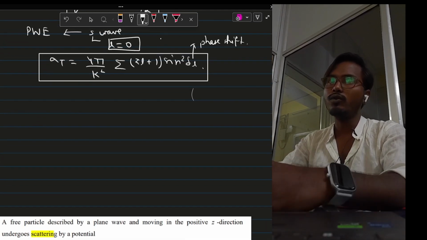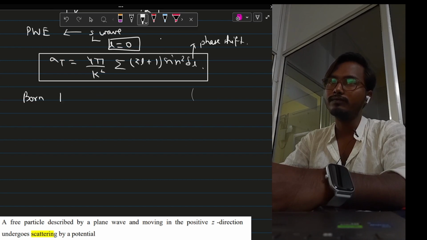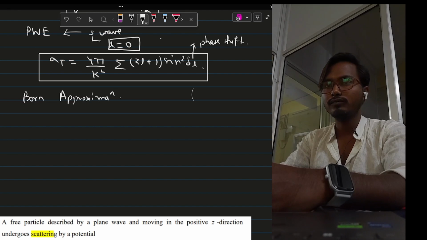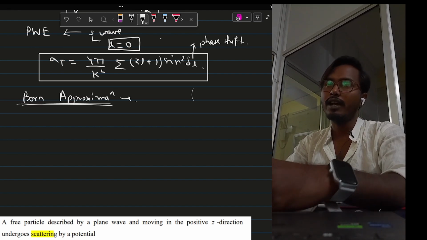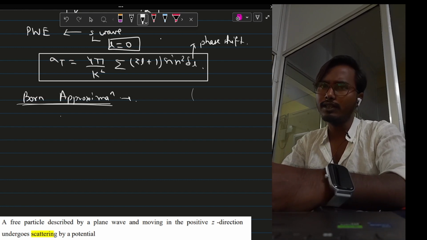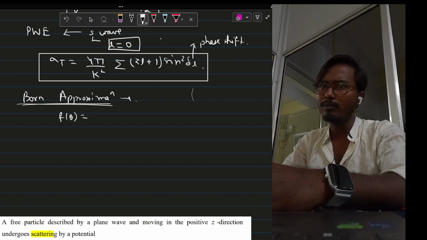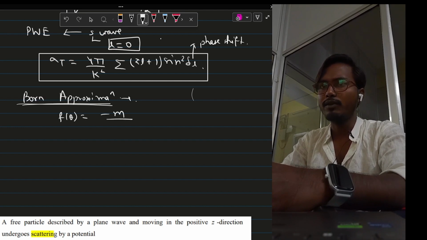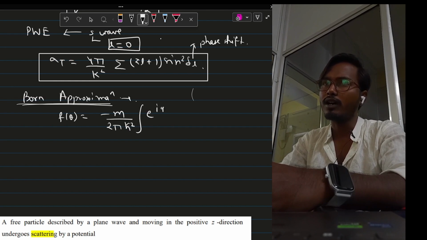Another thing you need to know is the Born approximation. For the Born approximation, f of theta will be m divided by 2 pi h cut square, integral of e raised to power i q r, some potential here, and then d r vector.